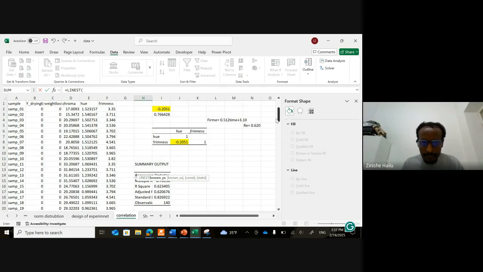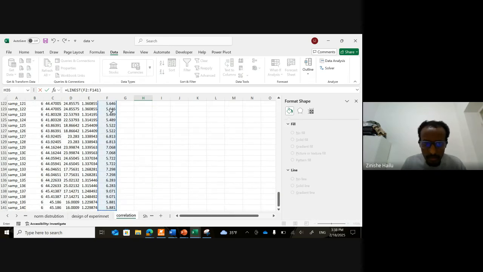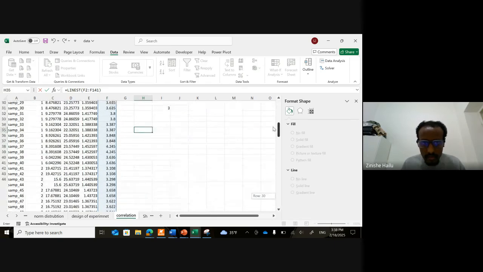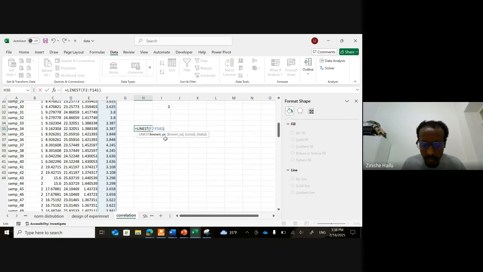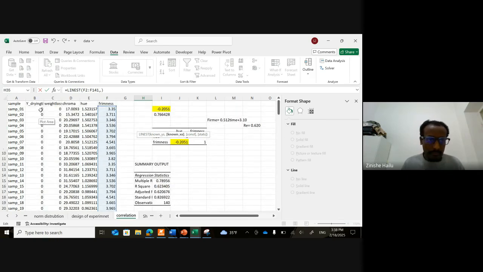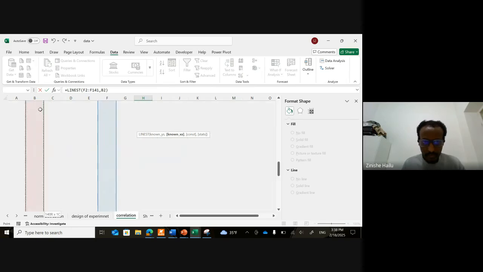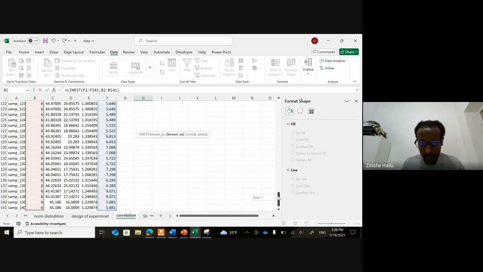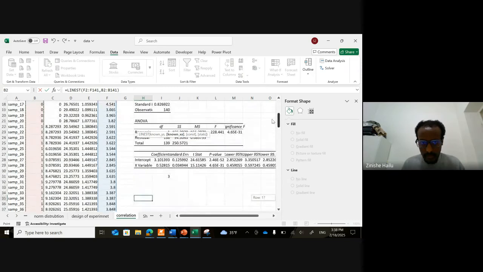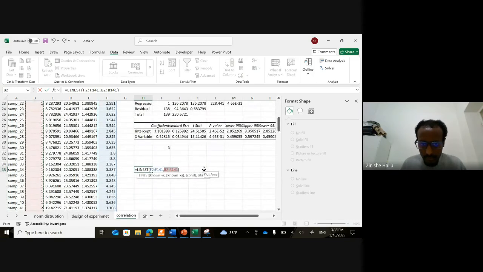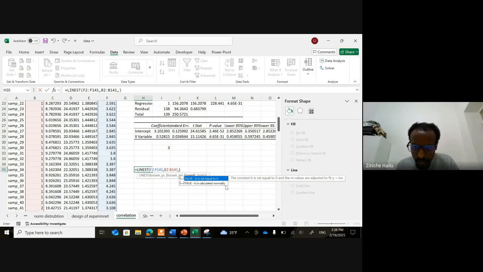The Y in the first, and then the X, and then you can calculate.